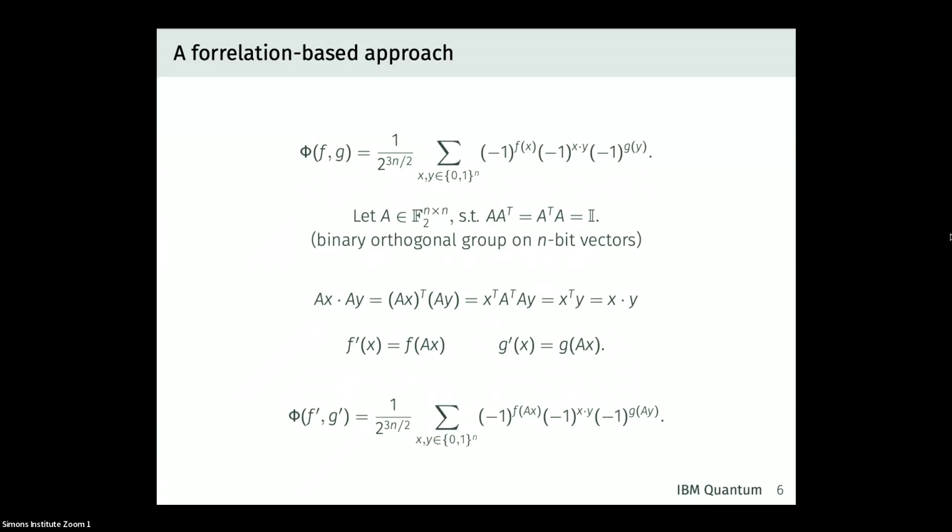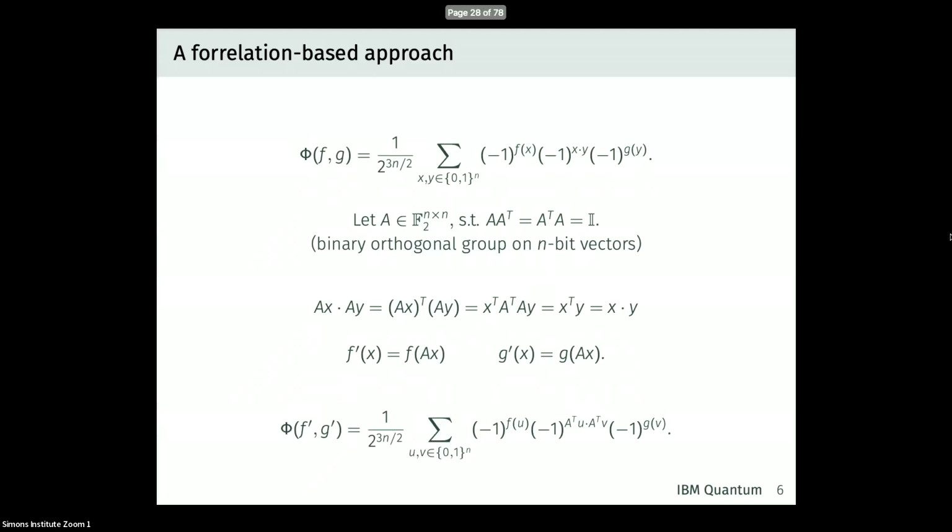Then the expression for correlation between these new functions f prime and g prime will look like this. It's the same as before, except you have A times x and A times y here. But now if we make a change of variables, let's say we denote u as A times x and v as A times y, then I can rewrite this as -1 to the f of u, -1 to the g of v.